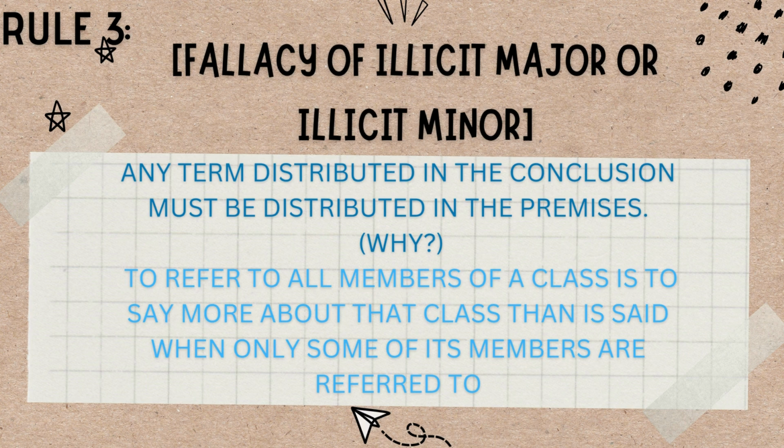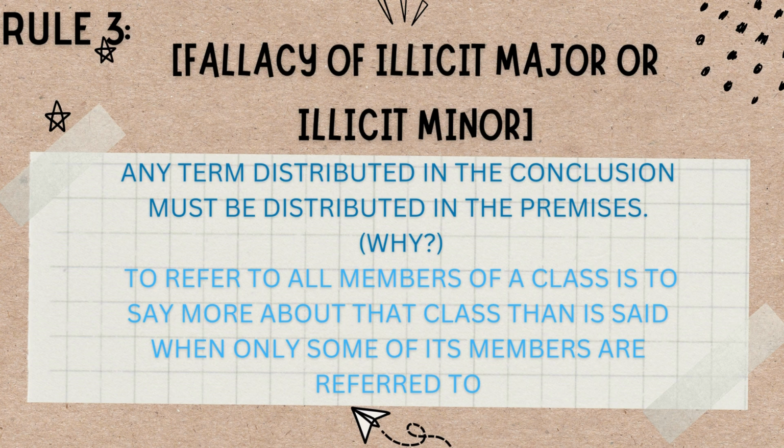So what this fallacy is saying is that any term distributed in the conclusion, meaning it indicates all of the class of that category, should also be distributed in the premise.